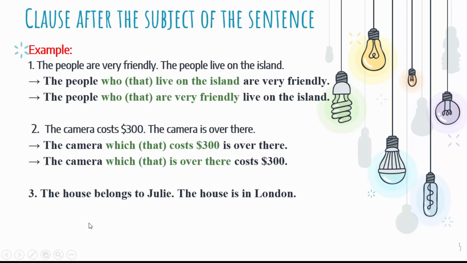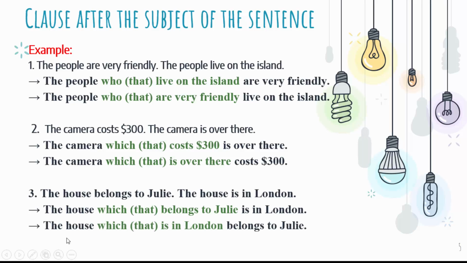The house is in London. So you can combine as the house which or that belongs to Julia is in London. Or you can say the house which or that is in London belongs to Julia. So this is the way to use relative clause in the sentence. You can combine two sentences together.